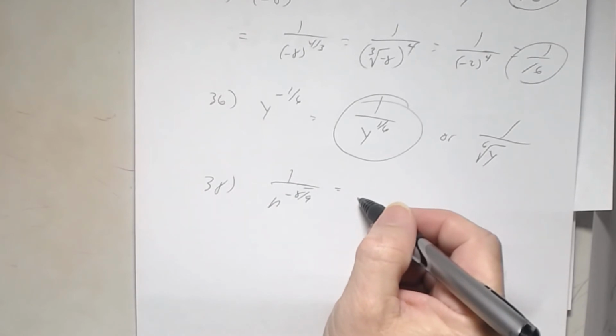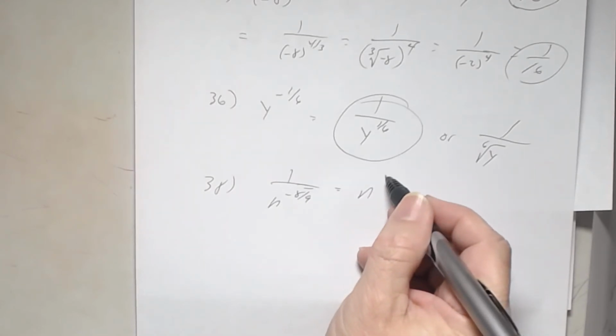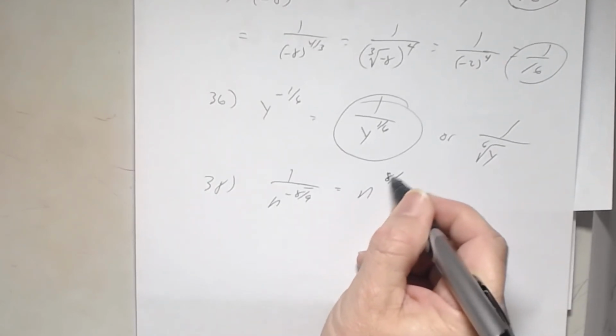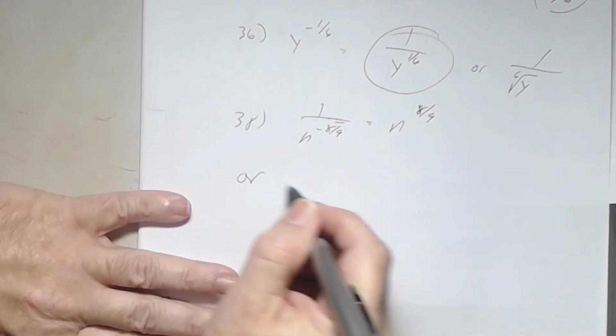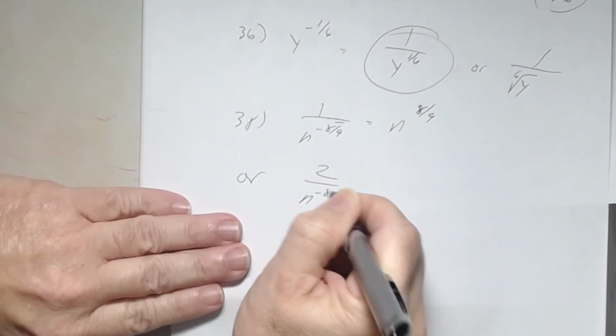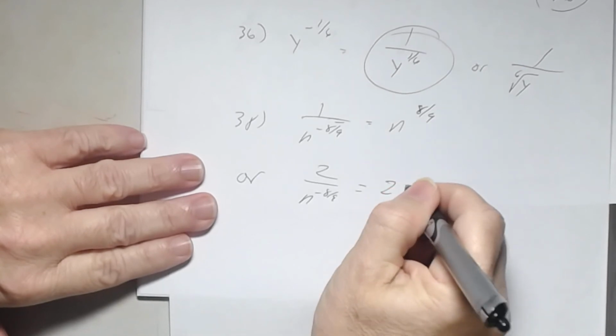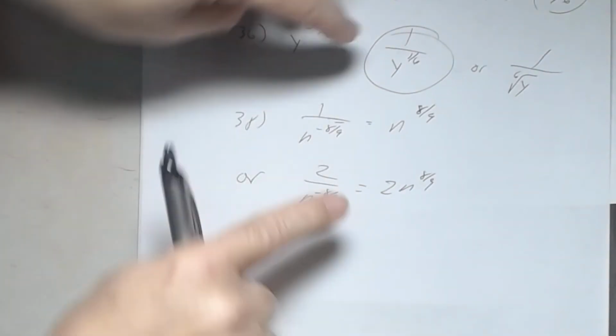Just move it to the top, right? n to the 8/9. Now look, if I had this, see how the numerator was a 1? What if I had 2 divided by n to the -8/9? What would that be? 2n to the 8/9. Okay, so good. All right, see the difference?